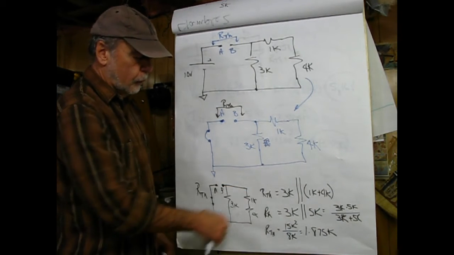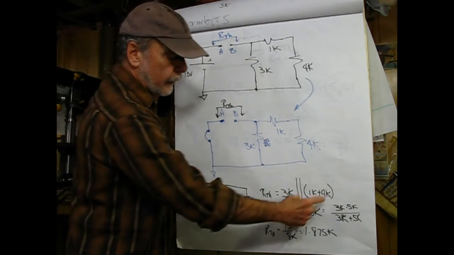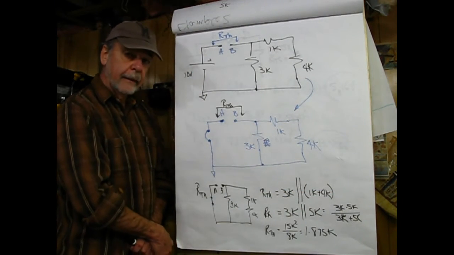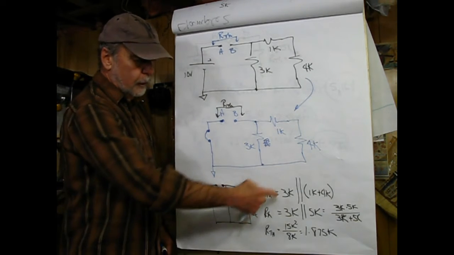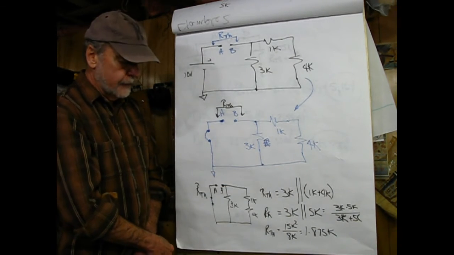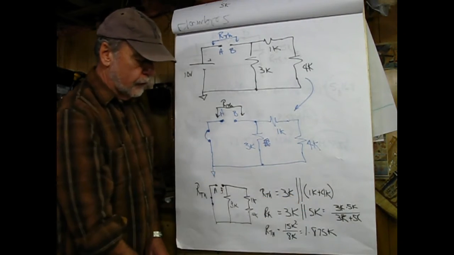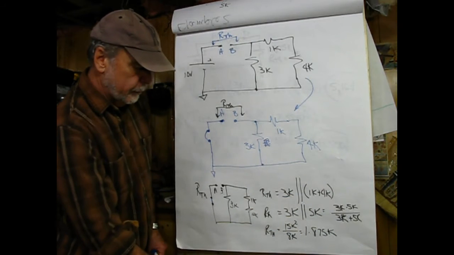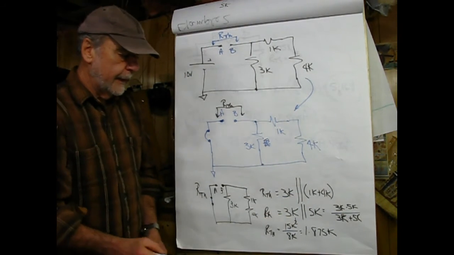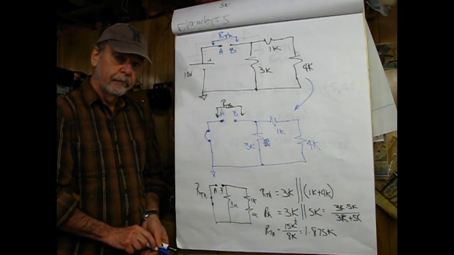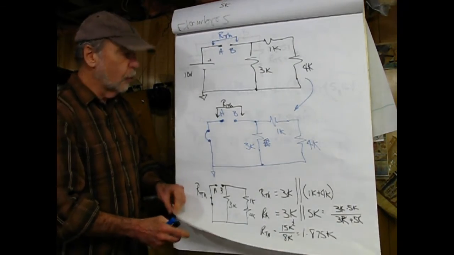So there's the general equation, RTH equals 3K in parallel with, and then I parenthesize this to show that we have to add that before we do the mathematics to compute the parallel resistance. Well, 1K plus 4K is easy, 5K, 3K in parallel with 5K, and here we have product over sum. RTH ends up being 1.875K. So we have everything we need now to solve this circuit using Thevenin's equivalent circuit.